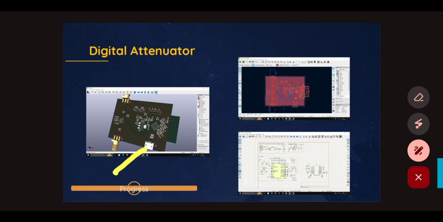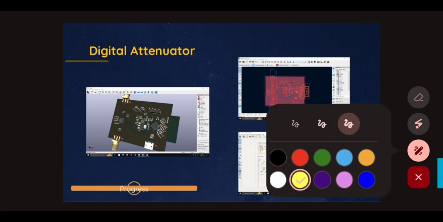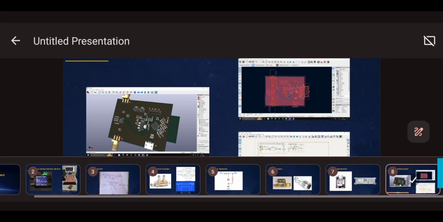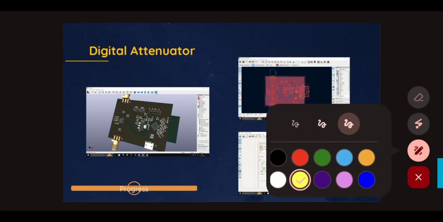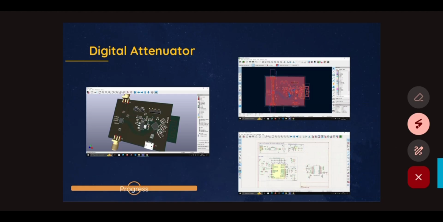Over here, I wanted to show you, but I cannot zoom here, unfortunately.